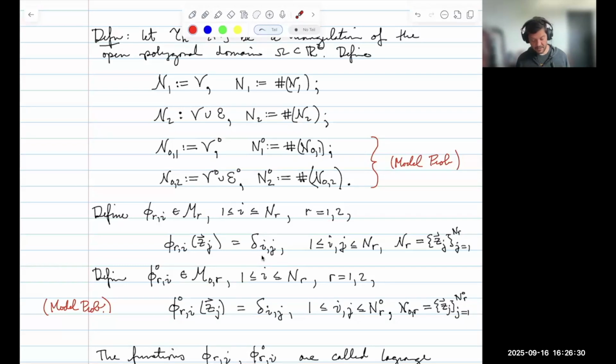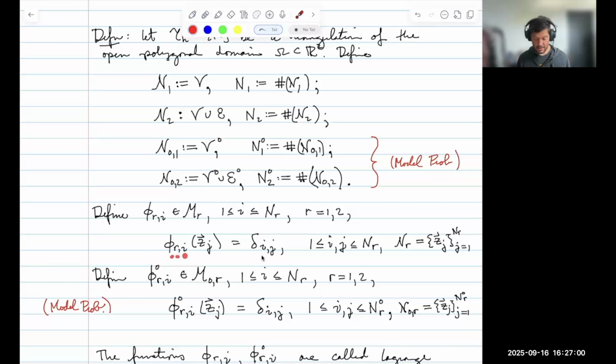All right, so the basis function phi r i from mr, r equals 1 and 2, for i between 1 and nr. So I'm foreshadowing the fact that the basis is going to have exactly nr elements in it. It's defined in the following way, which completely describes how these basis functions look and work.